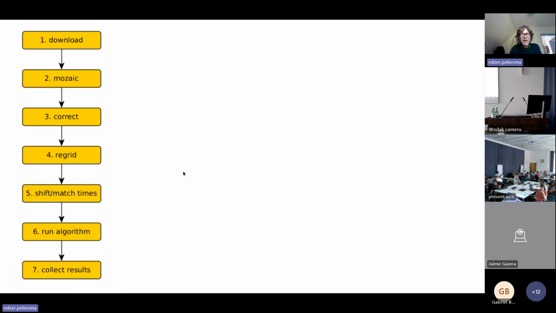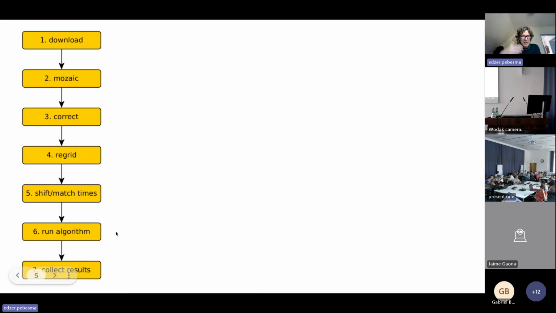So the traditional way of Earth observation, let's say 10, 20 years ago, was that you would be in a research group that would download data and have these data somewhere, or you would download them yourself, then mosaic, stitch together images, do some corrections, radiometric corrections or something like that, possibly regrid things, then do something with times in order to get some kind of common time basis.